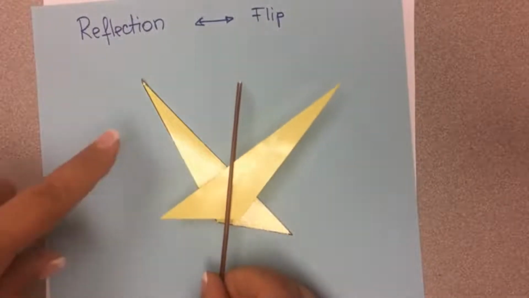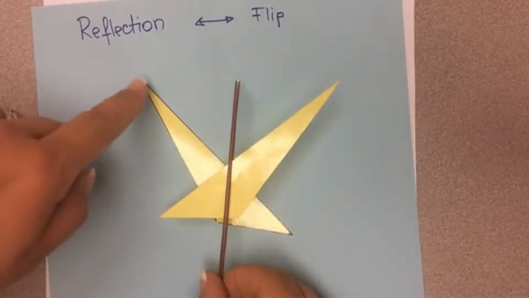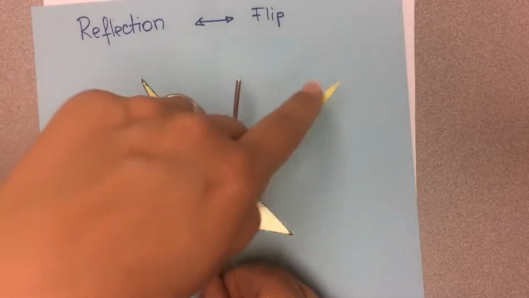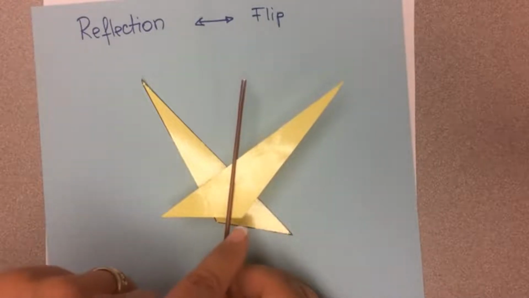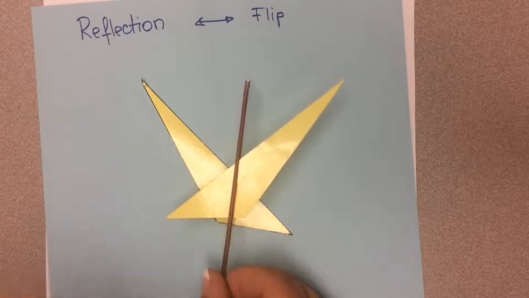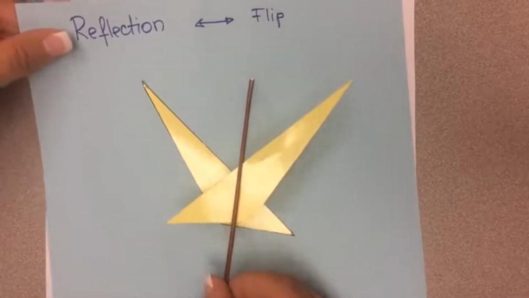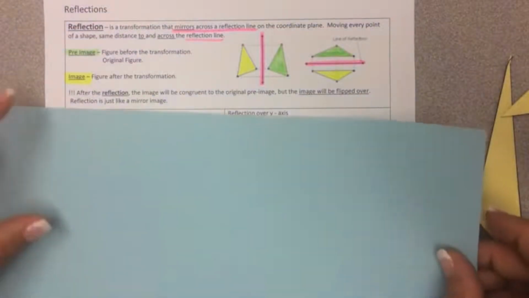The concept is the same. The vertices of the pre-image and image will be the same distance to the reflection line and away. That corner is the same distance on either side. So let's see a few examples of reflections and how to draw reflections.